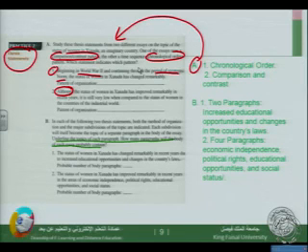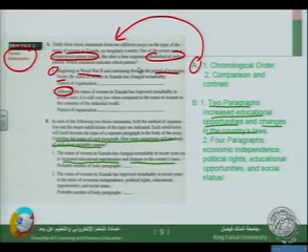Okay, 2 paragraphs. Number 1, 2 paragraphs, because here it talks about increased educational opportunities, which is right here, and changes in the country's laws, which is right here.